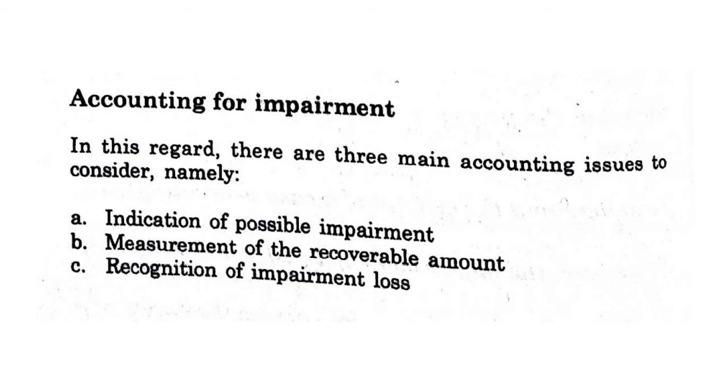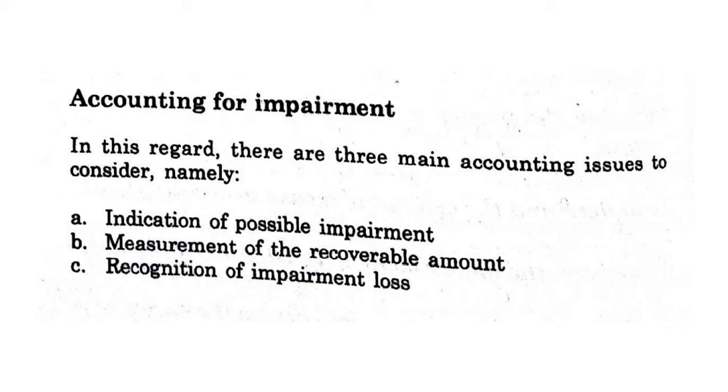Okay. Accounting for impairment. In this regard, there are 3 main accounting issues to consider. So, yung indication of possible impairment, kailangan merong proof na reliable na magsasabi na merong impairment. Measurement of the recoverable amount, kung yung sa number 1, sabi, possible may impairment, reliable siya. Tapos tatanungin, magkano?